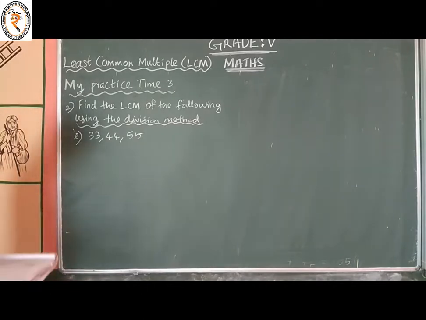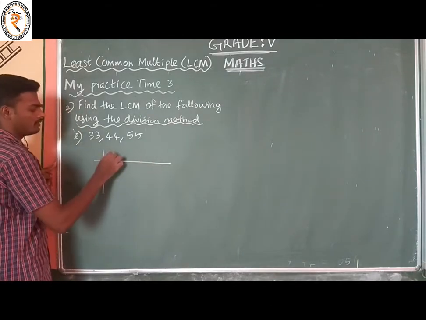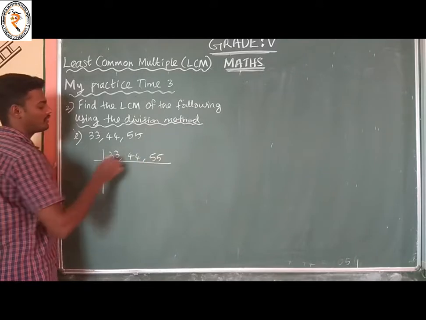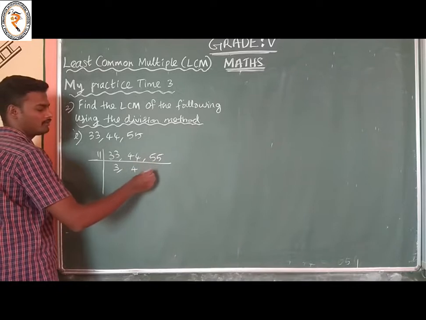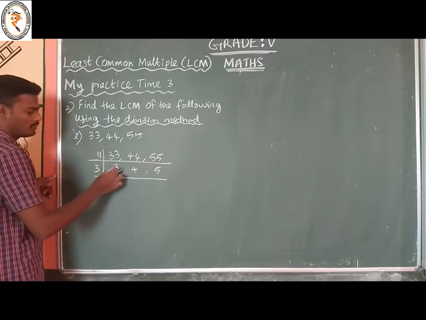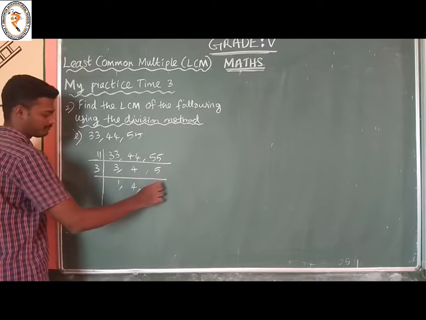Taking the LCM of 33, 44, 55 in the 11th table: 33 is 3 times, 44 is 4 times, 55 is 5 times. Next, the third table. In the third table, 3 comes 1 time, then 4, 5.